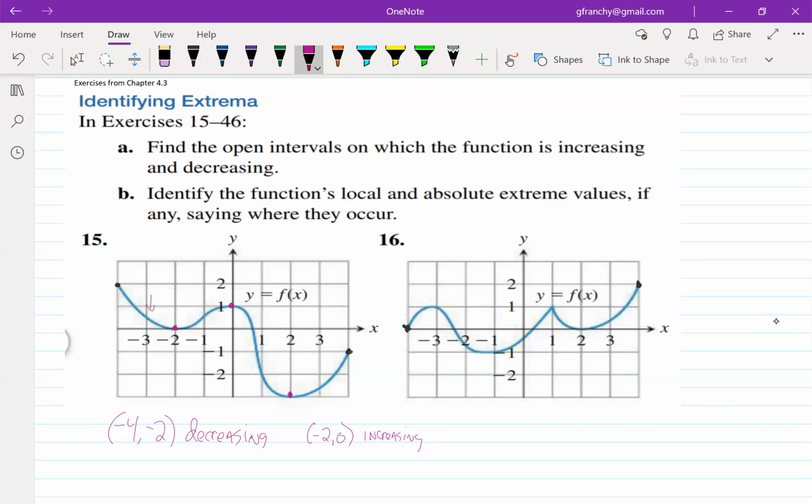So we're decreasing on this interval, we're increasing on this interval, then we are decreasing again from 0 all the way to +2, and then from +2 up to +4, we are increasing.